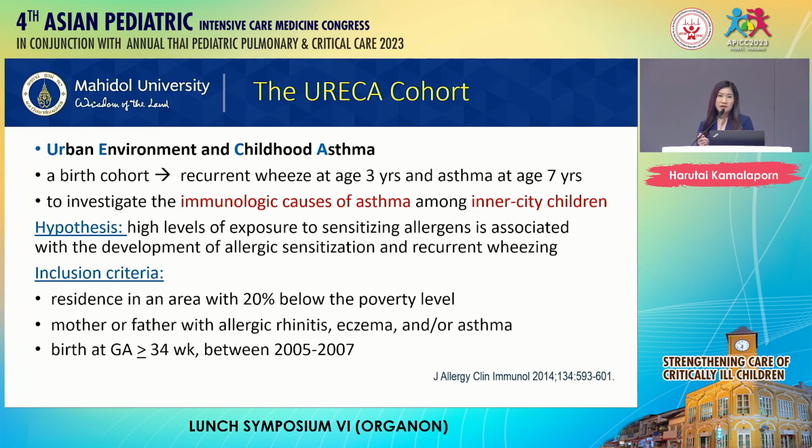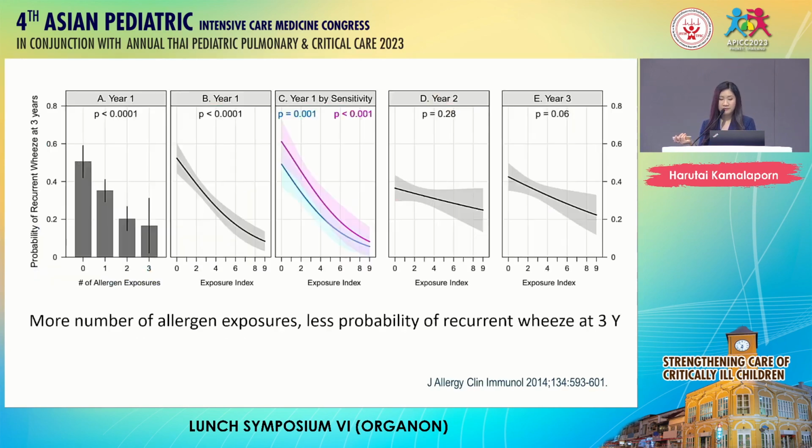The hypothesis is that a high level of exposure to sensitizing allergens is associated with the development of asthma or recurrent wheezing. The inclusion criteria were families with 20% below the poverty level, where the mother or father has AR or atopy, and a term baby with a gestational age of 34 weeks or over.